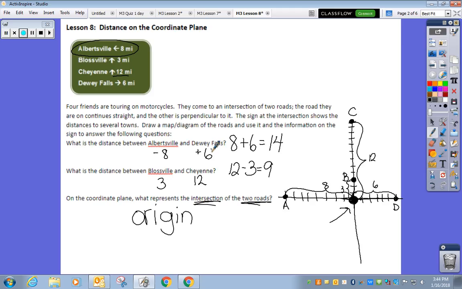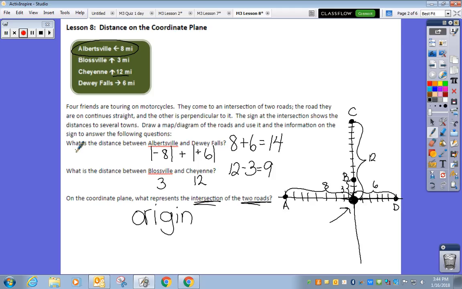We can think of this as the distance they are from 0, which is absolute value. So really, I'm taking the absolute value of Albertsville, the absolute value of Dewey Falls, and adding them together. I'm adding them together because the numbers are opposites, or they're on opposite sides of me. So, if the numbers are opposite, we add their absolute values.